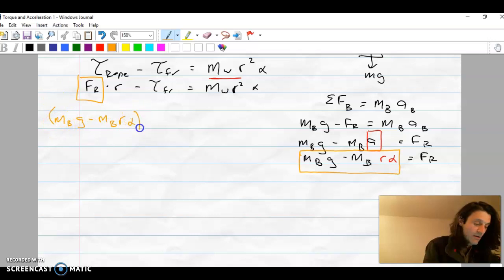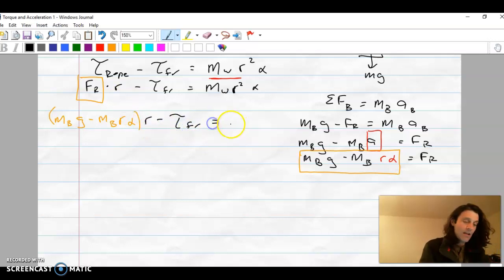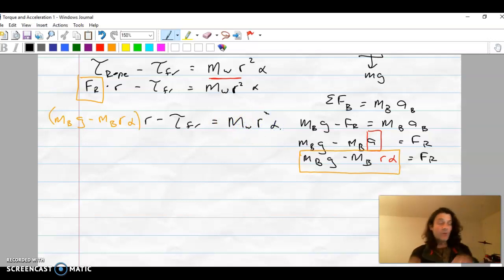I'm going to put that in parentheses, and now I'm going to go back to the black color. That R is that R. I'm going to subtract the torque due to friction. That will equal the mass of the wheel times the radius squared times alpha. Now remember, the whole point is to calculate alpha, so those two terms have to come together.